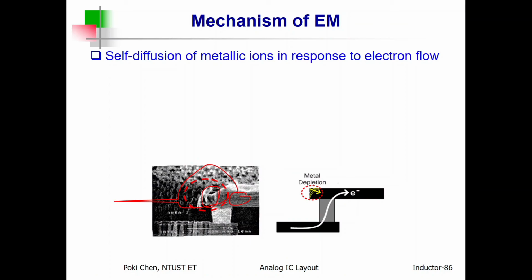From the beginning, you can see the metal line is so long, but according to the electron flow, the electrons collide with the metal lattice and gradually push the metal line to the right. So after weeks, months, or years of operation, gradually the metal line is pushed to the right, and finally there is no connection here, making the chip malfunction.